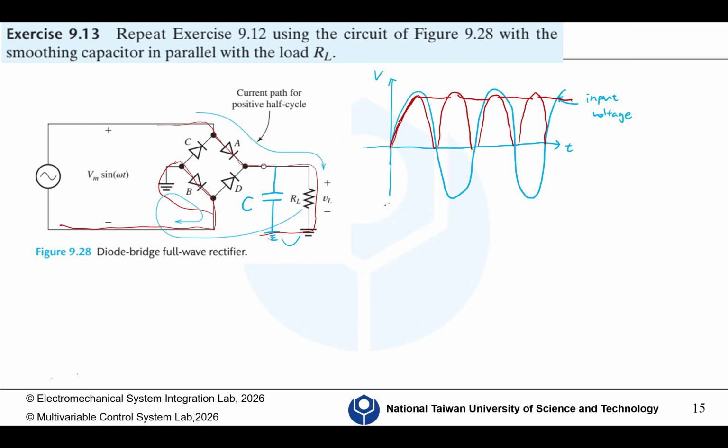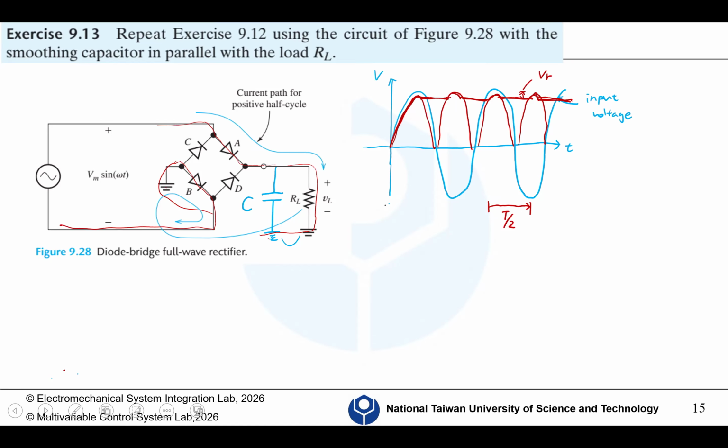So the curve after we put the capacitor will be like this. Okay. And then we have VR. This is VR. And this is just half of the period. So this is T over 2.